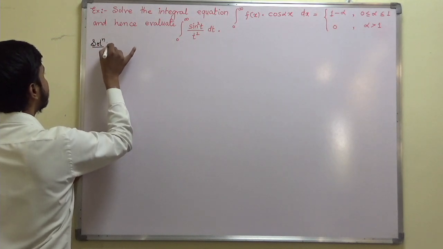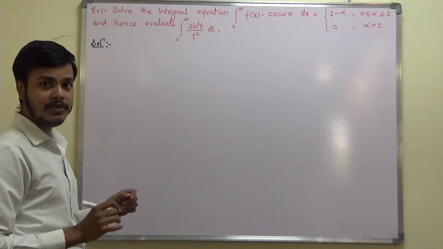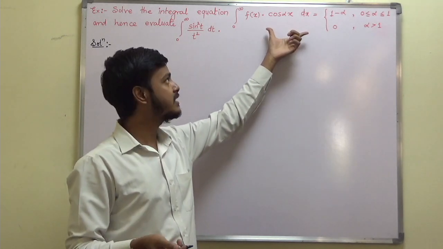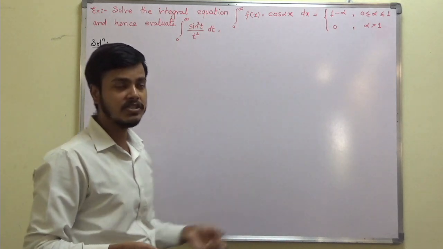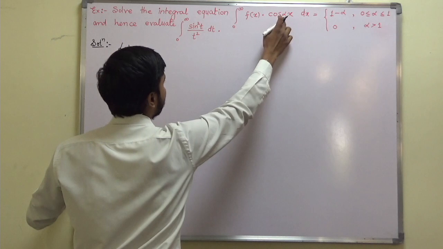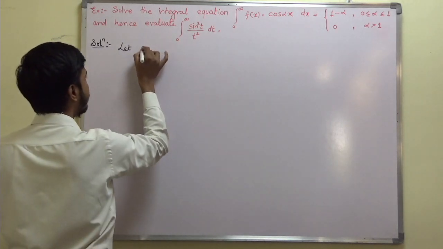What you need to do in such problems is take this given equation to be some function. Let me write here, this is a function of alpha; earlier it was a function of lambda.